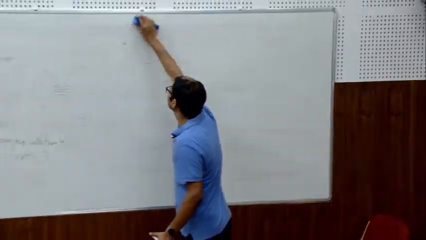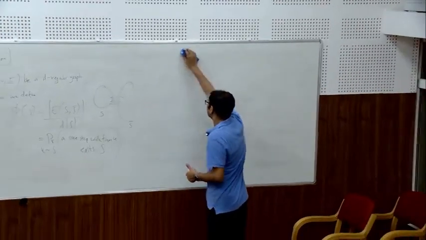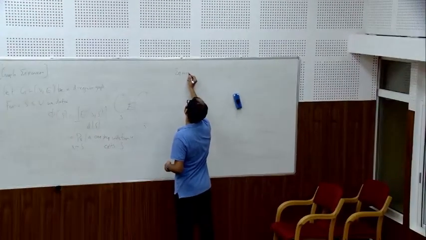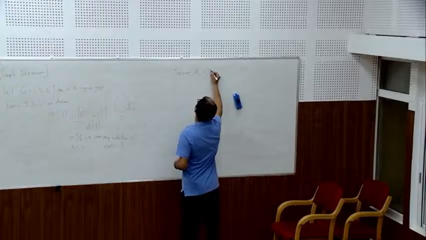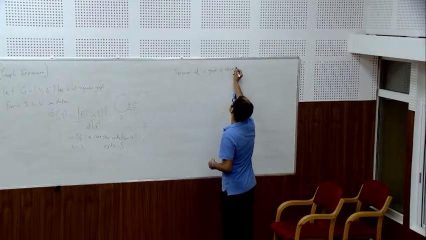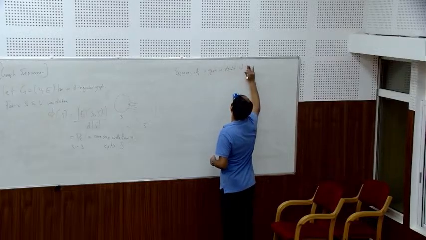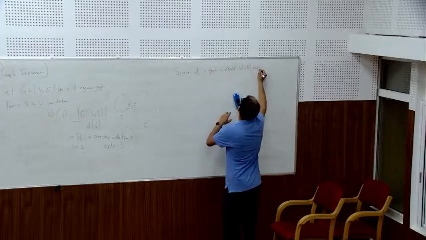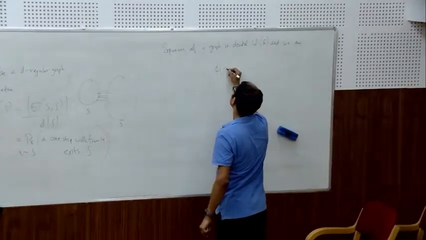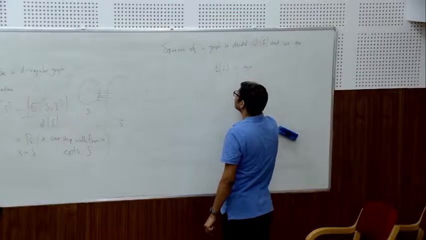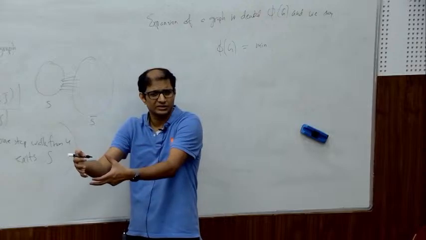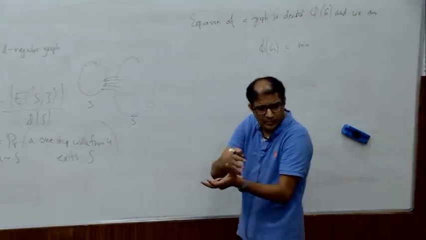The way I define expansion is the following. The expansion of a graph is denoted as phi of G, and we say phi of G equals the set which tries to hold walks within, the set with the worst expansion, the set from which the escape probability is the smallest.